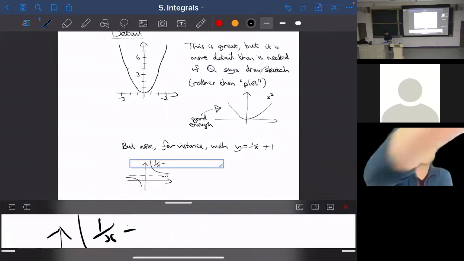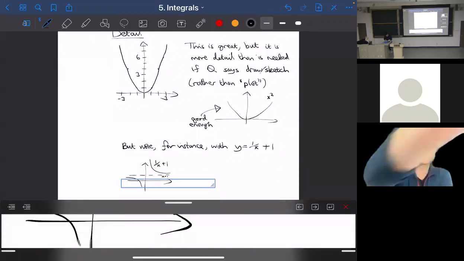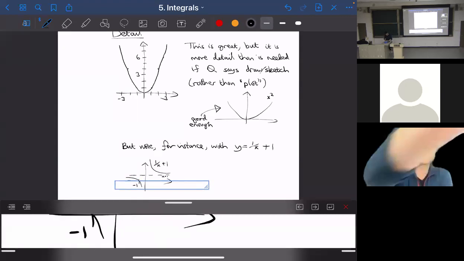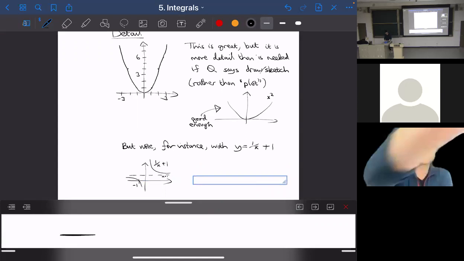So 1 over x plus 1. Okay. And the x-intercept is minus 1. So that's good enough.